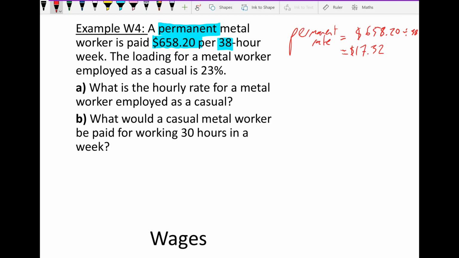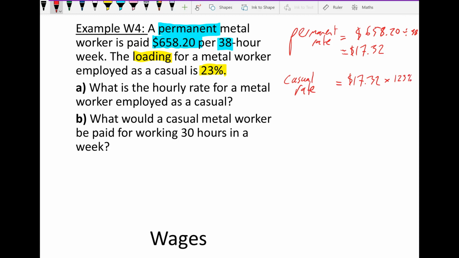Now, we know that casuals get a loading, and in this case, the loading for the casual is 23%. Okay, so that means that to find the casual rate, we're going to add 23% onto this amount. And now I know that adding 23%, there's that handy trick of, let's times it by 123%.